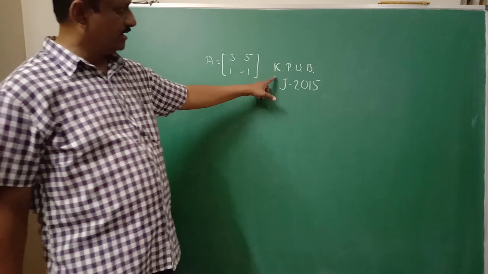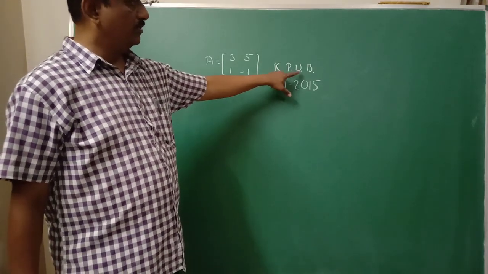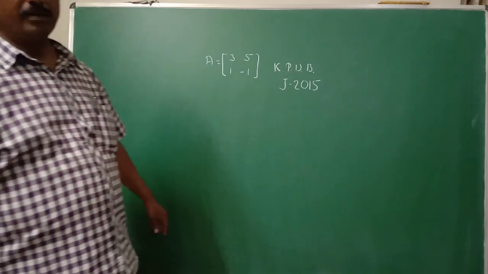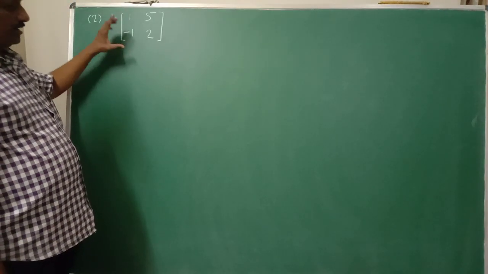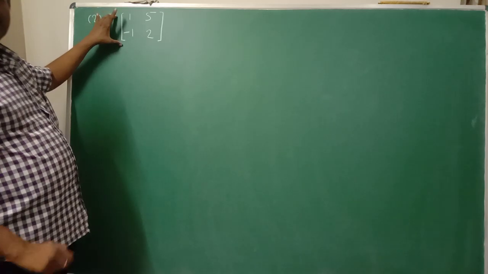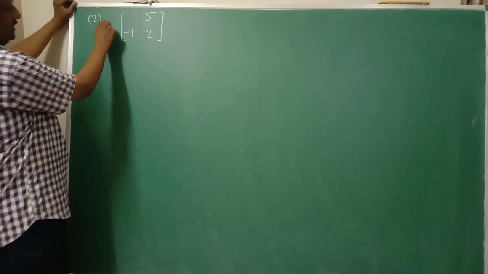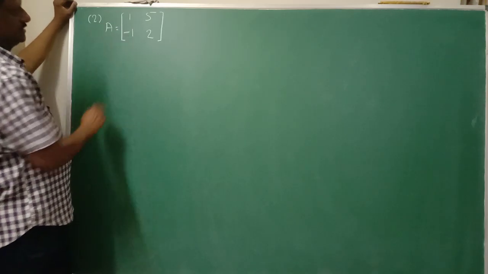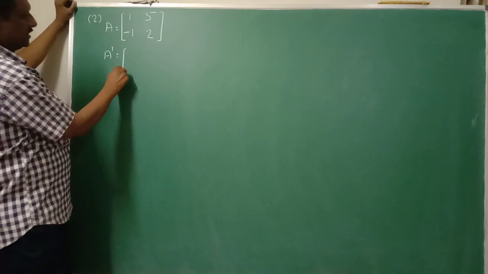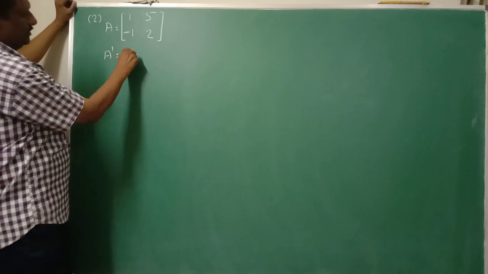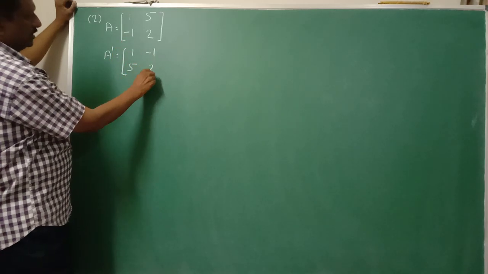This was asked in the year July 2015 Karnataka PU board exam. So just like the previous example, again you express the matrix as a sum of a symmetric and skew symmetric matrix. So consider the given matrix as A. Then its transpose A dash is equal to 1, 5 in the column, minus 1, 2 in the column.